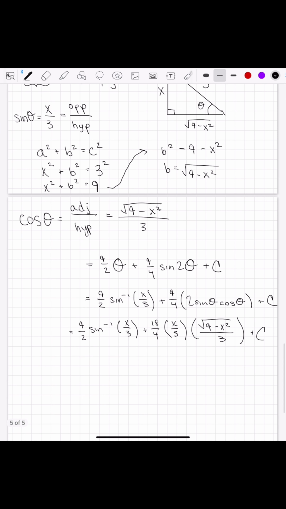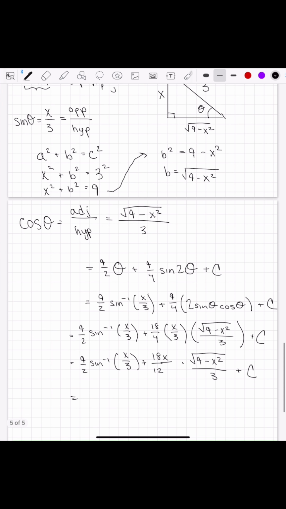Right, so then this becomes 9/2 sine inverse of x over 3 plus 18 over 12 x times the root of 9 minus x squared over 3, plus c. So we can combine that all into one term. Notice 18 divided by 12, we can divide both of those by 6, so this will become 3 over 4.